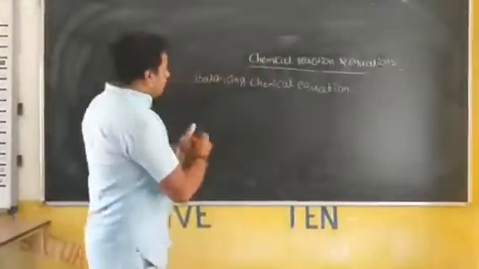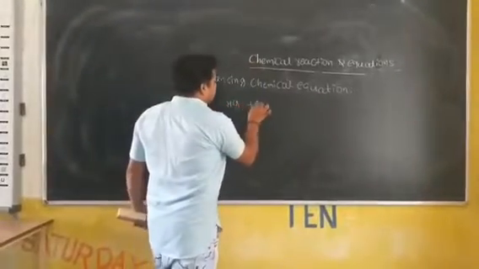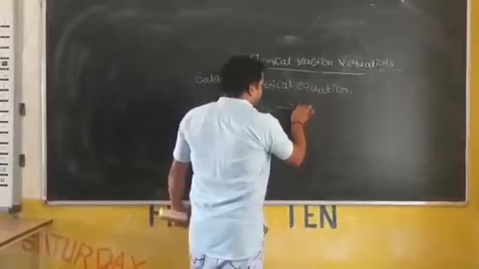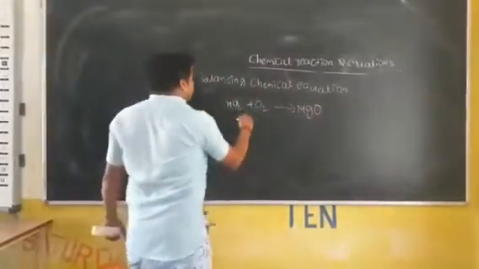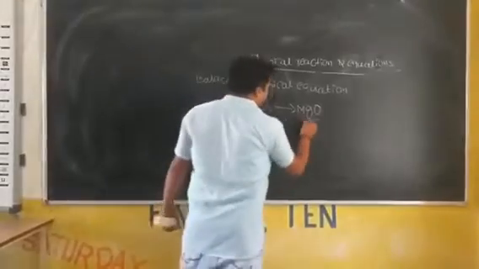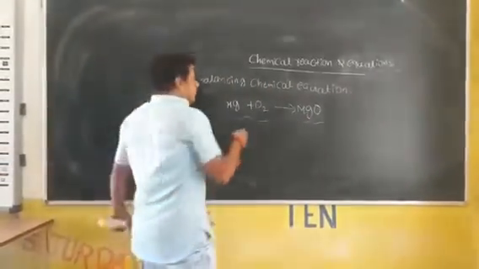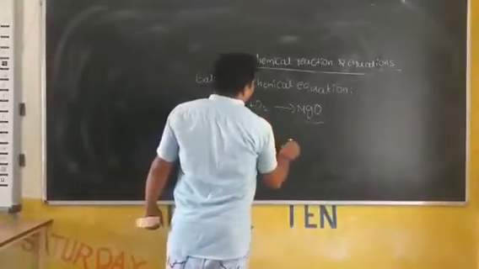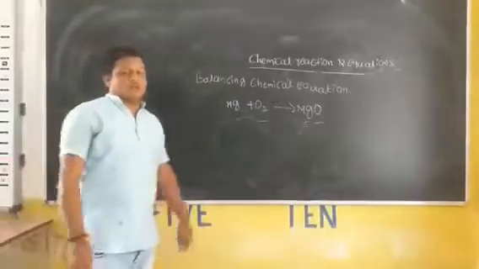Okay, in the previous example, Mg is reacted with O2 and it produces MgO. In this case, the mass on the reactant side is different from the mass on the product side, or the number of atoms on the reactant side is different from the number of atoms on the product side.